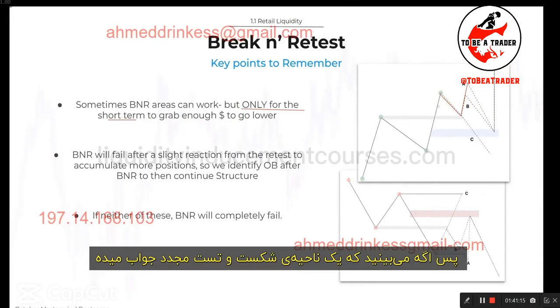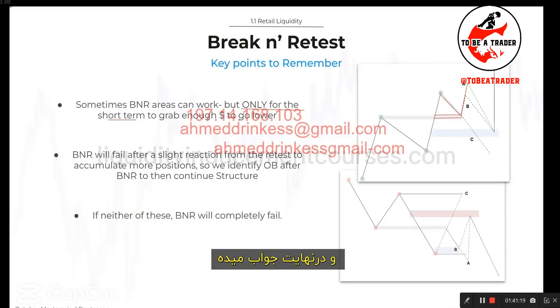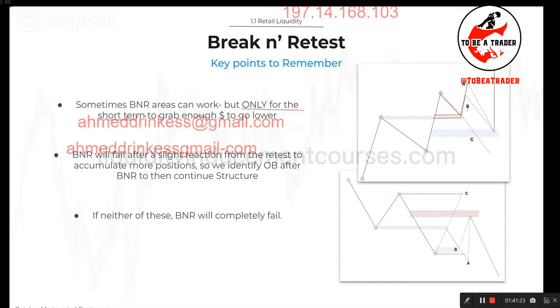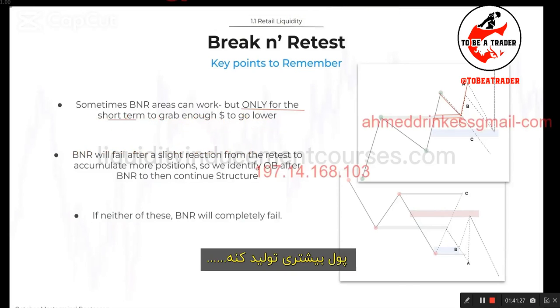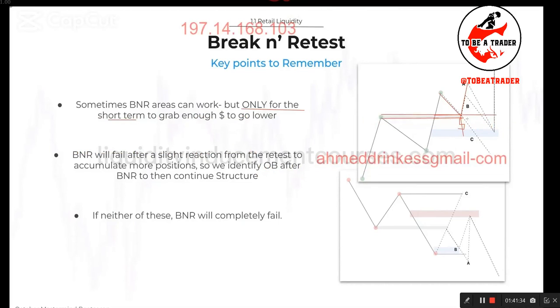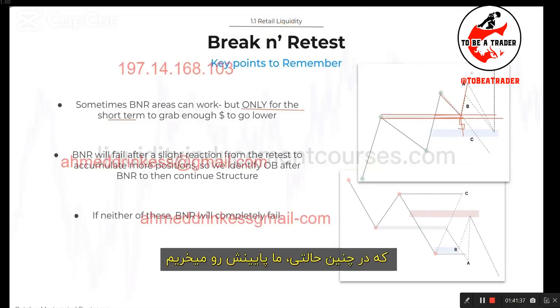So if you do see a break and retest work and you do have an order block here, and it does end up working, just know the reason that could happen is for price to then build more money below, because now it's a key zone. Isn't this a key zone now? But break and retest does work. It's building key zone liquidity, which in that case, we look to buy below.